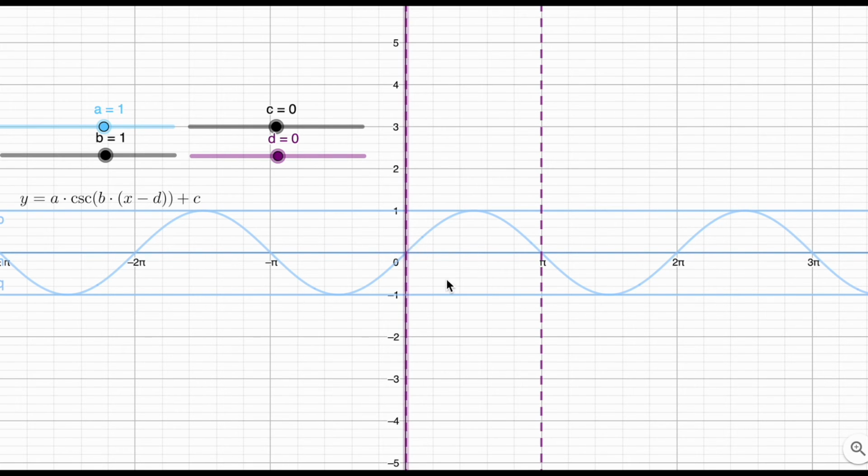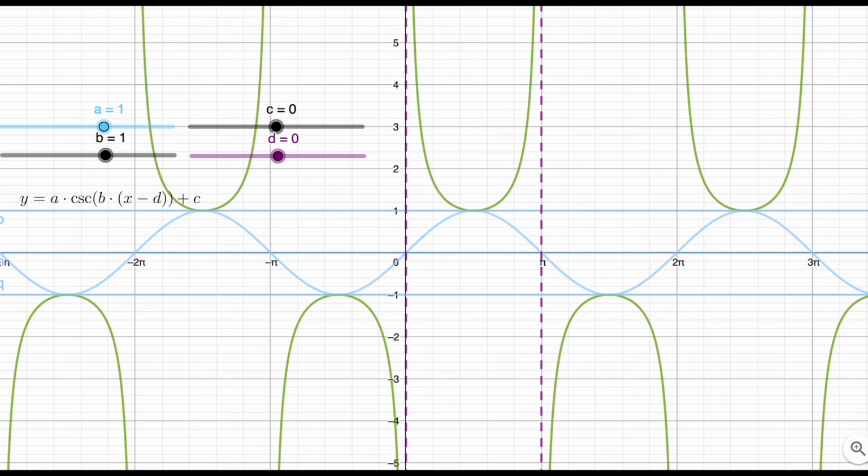Notice that I have asymptotes where the sine is 0. As I get close to 0, I have to get close to the asymptote. At 1, the reciprocal is 1. So just like the secant, I get the little u's that sit above it. And then, of course, I can take out my sine curve, and I have the cosecant curve.